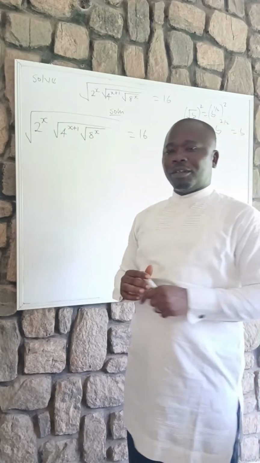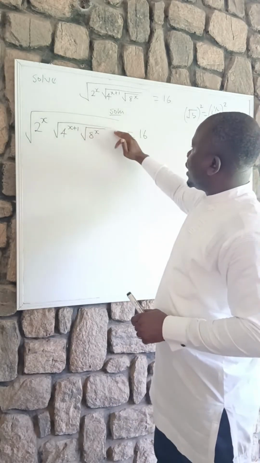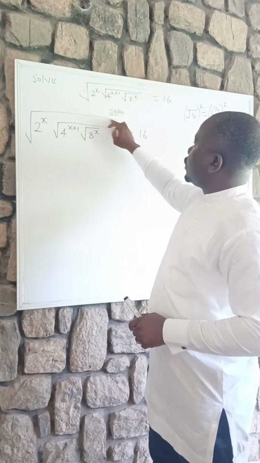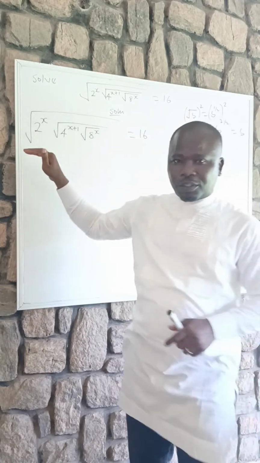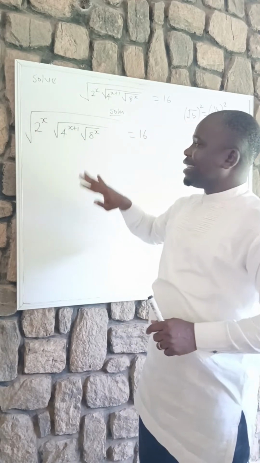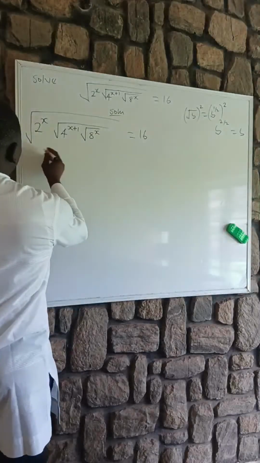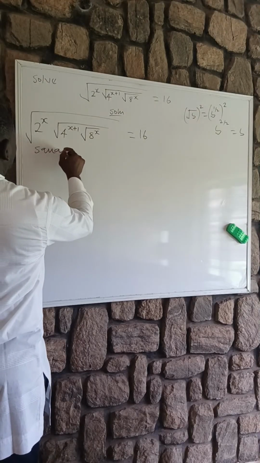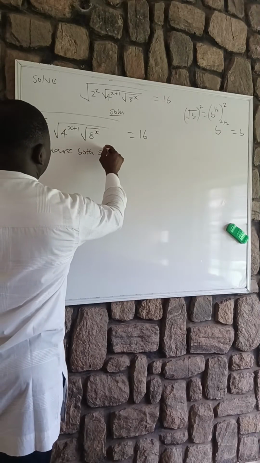As I was saying earlier, the outer square root affects the whole of what is inside there, true or false? So we are going to take the first square root. We write, square both sides.